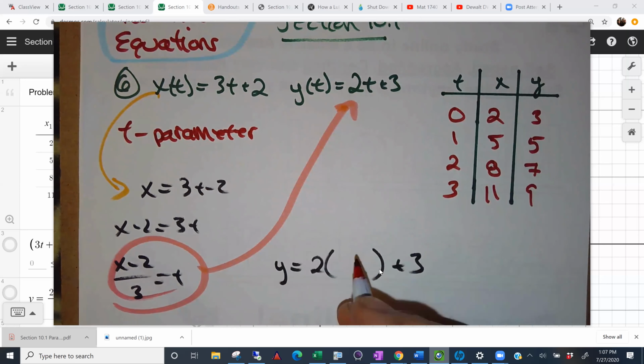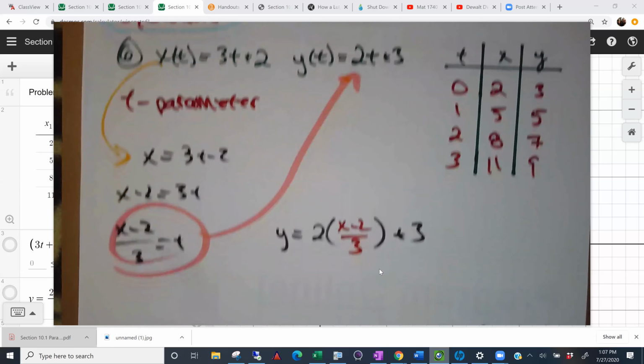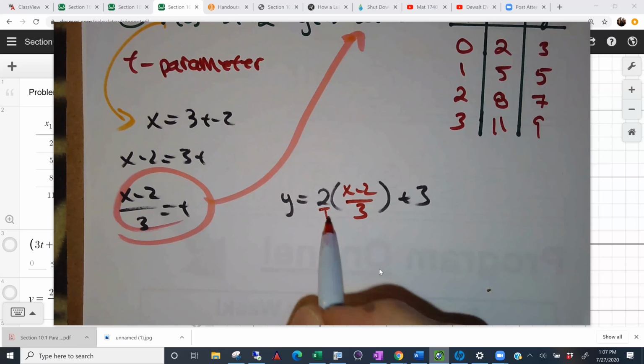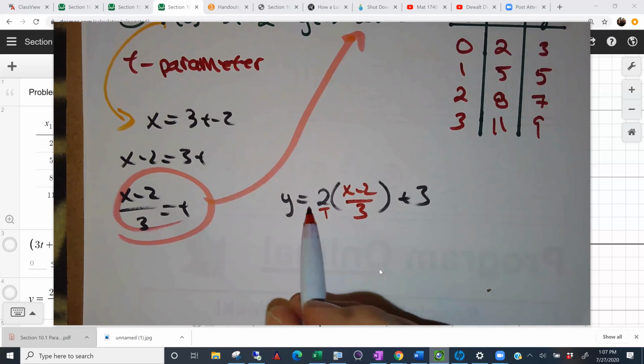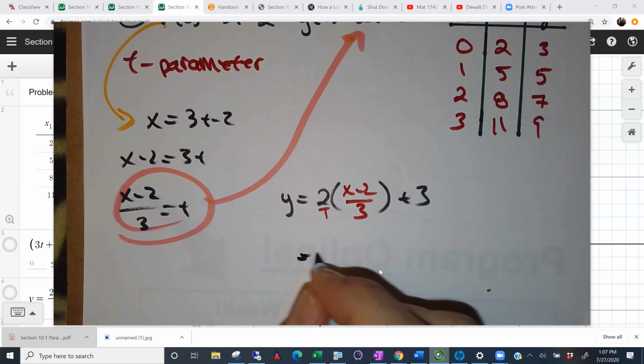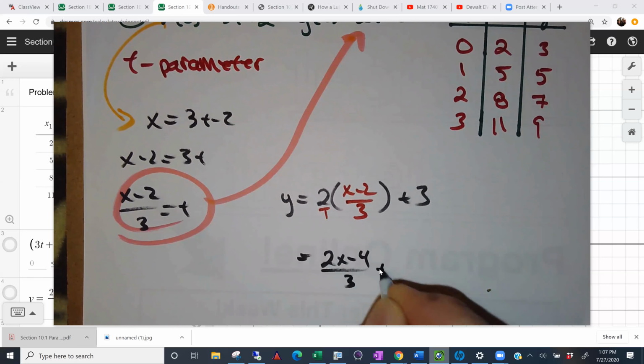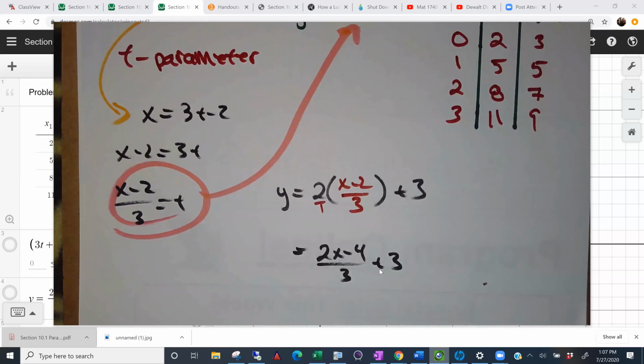So that's going to be 2 times (x minus 2) over 3. You can think of that 2 as being 2 over 1. So I'll just distribute that. And that becomes (2x minus 4) over 3 plus 3.